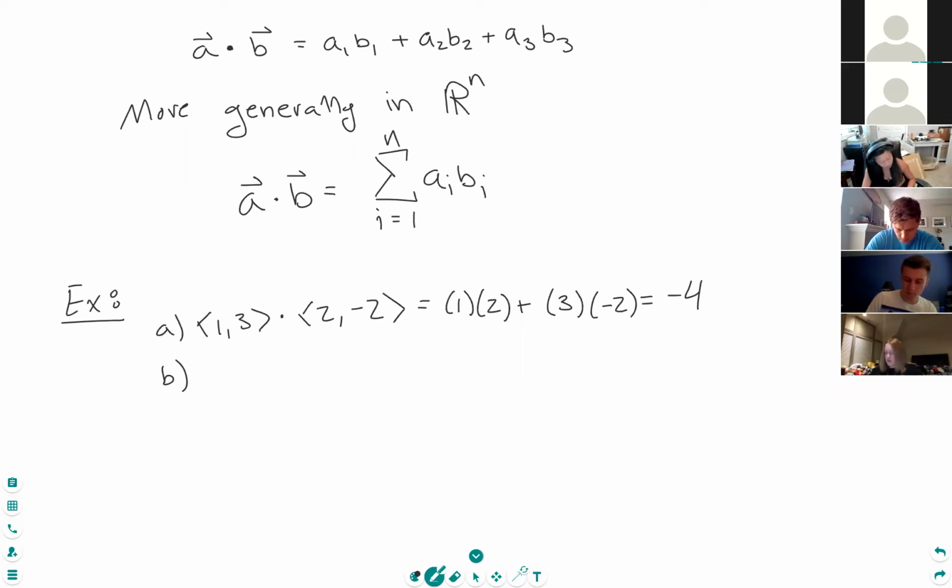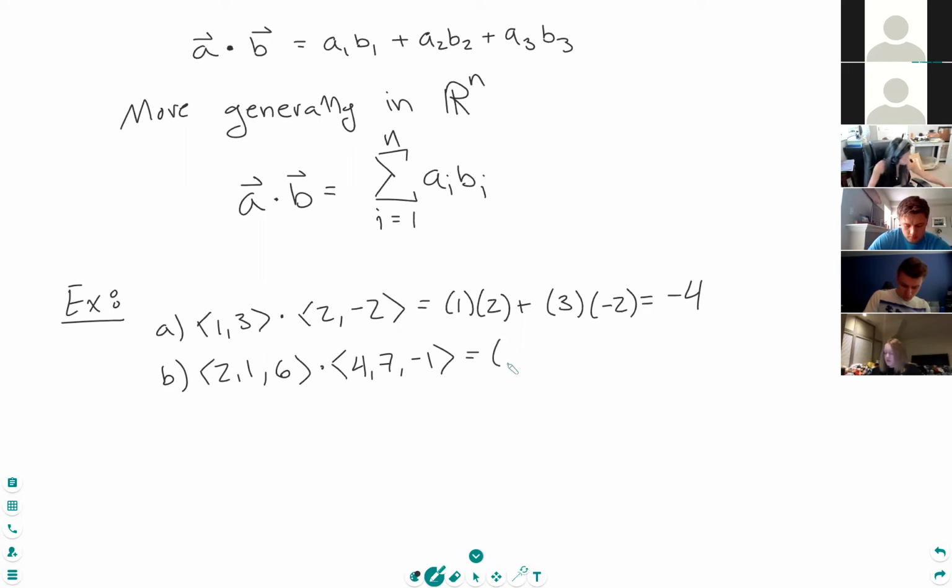Okay, another dot product, this time in R3, is 2, 1, 6, and we're going to dot it with 4, 7, and -1.